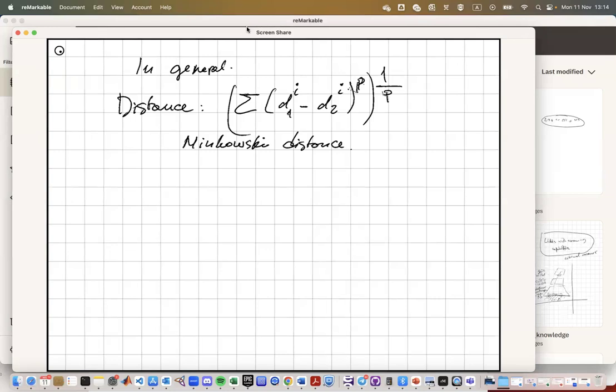Could you repeat the question? Yeah, so what is the difference between different distance measures? Whether you have 1 here, Manhattan distance, or 2 Euclidean, or 3, etc. What can you say about it?